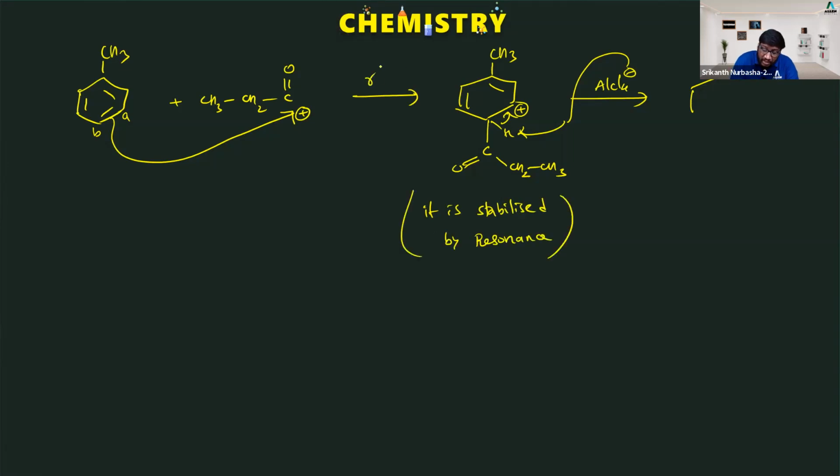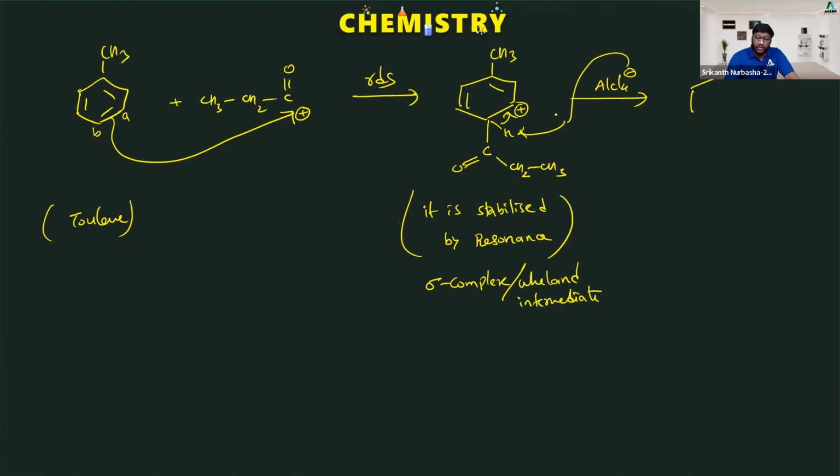And this step is the rate determining step. And this is your toluene. The pi electron density of benzene attacks the CH3CH2C double bond O plus to form this particular intermediate, which is also called sigma complex or Wieland intermediate. So the formation of sigma complex is your rate determining step.